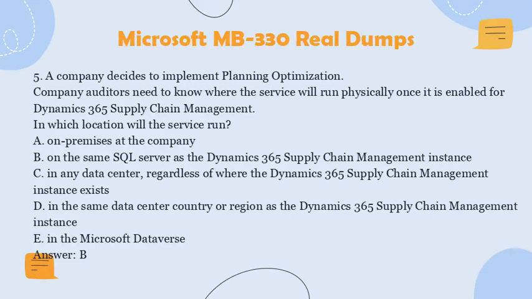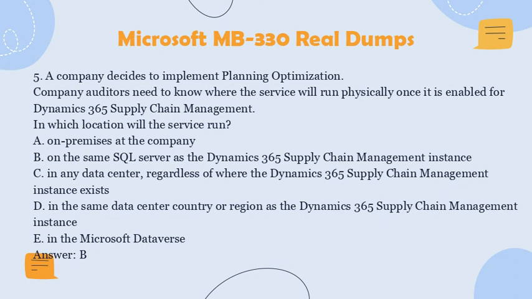5. A company decides to implement planning optimization. Company auditors need to know where the service will run physically once it is enabled for Dynamics 365 Supply Chain Management. In which location will the service run? A. On premises at the company.